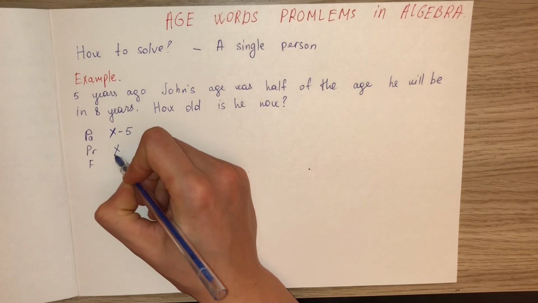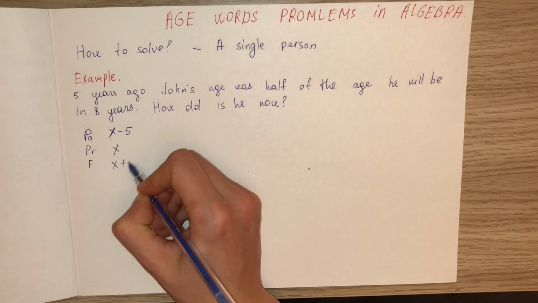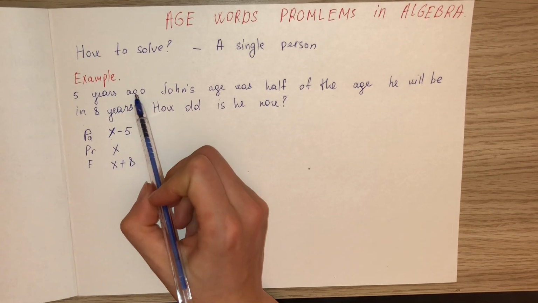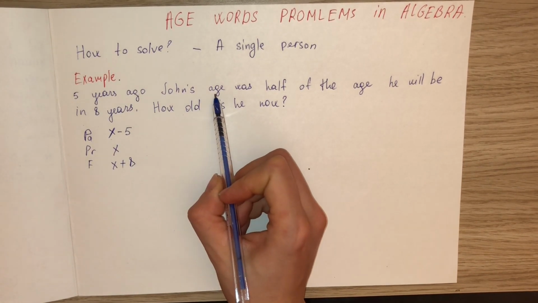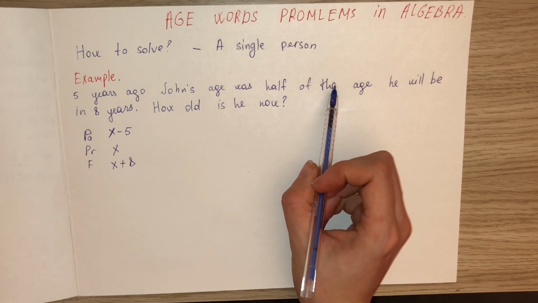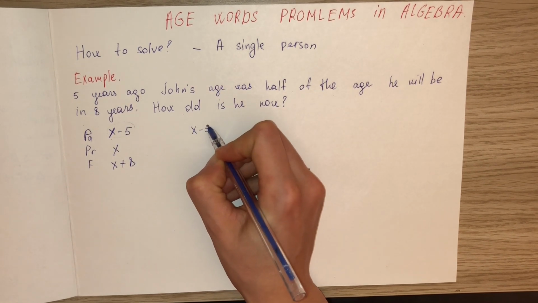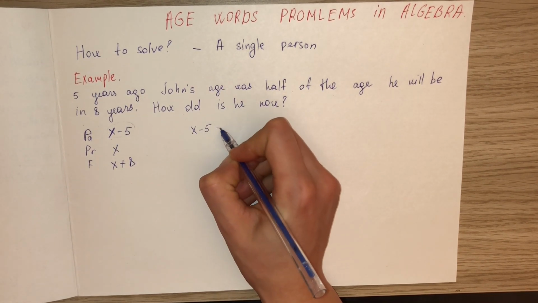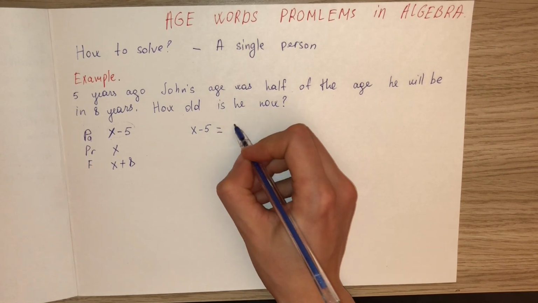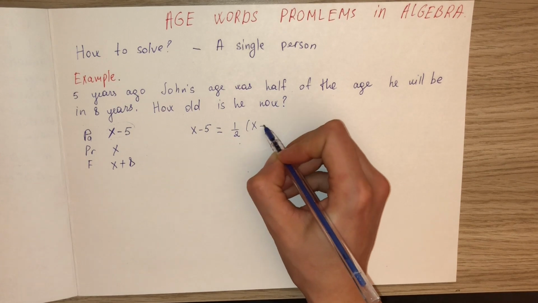Now it's X, and in 8 years, it will be X plus 8. 5 years ago, John's age was half of the age he will be in 8 years. So 5 years ago, X minus 5 was half of the age he will be in 8 years.